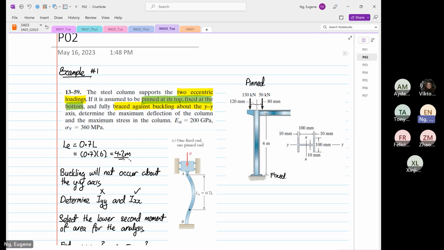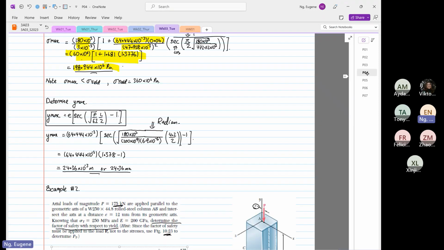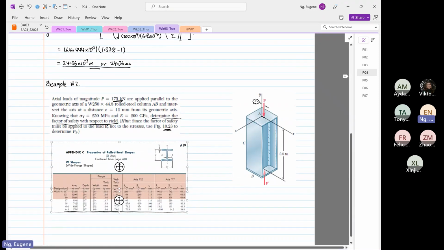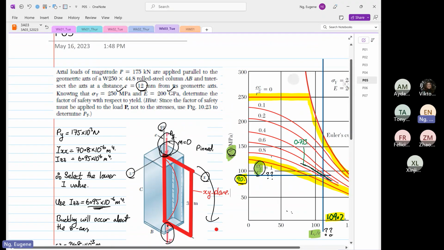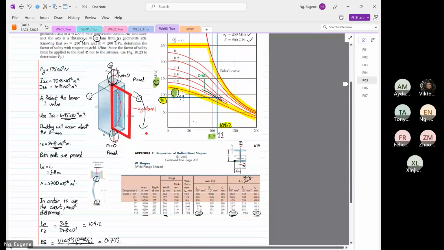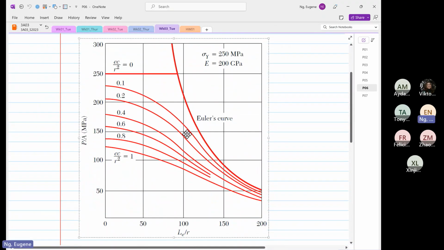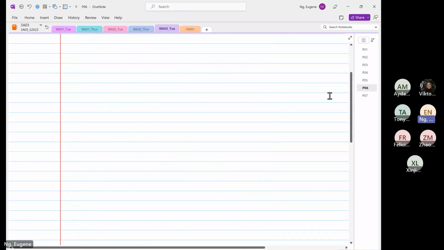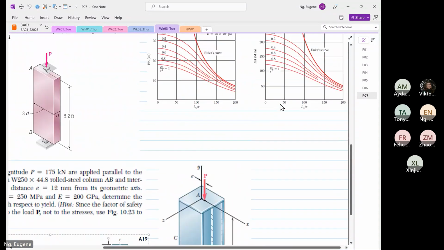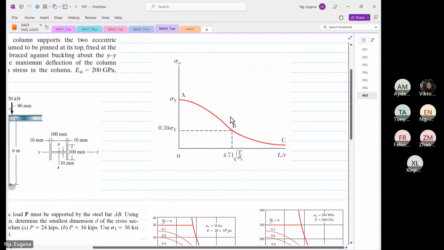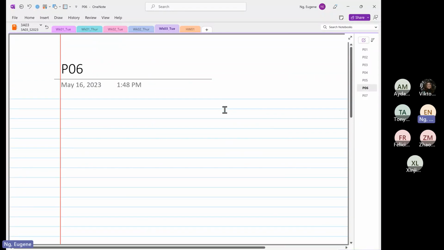Okay, so the last section in buckling that you all should know. Again, these figures you all have.